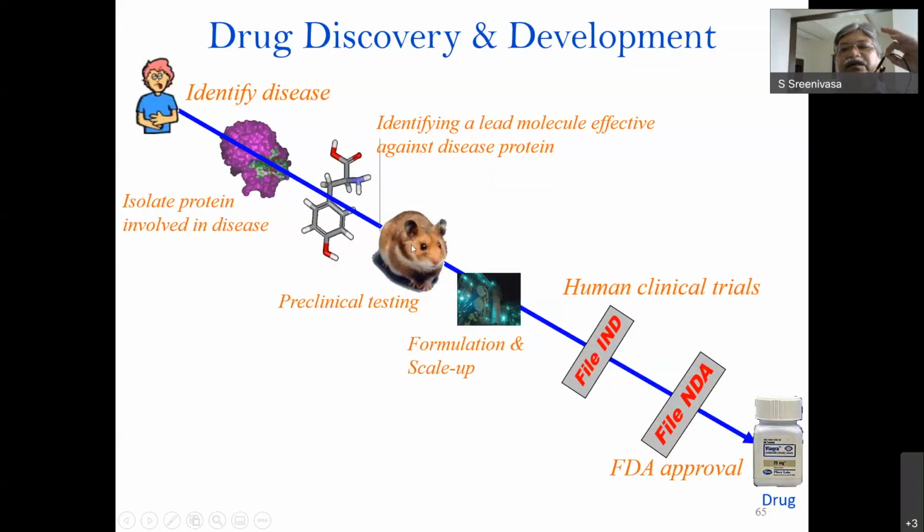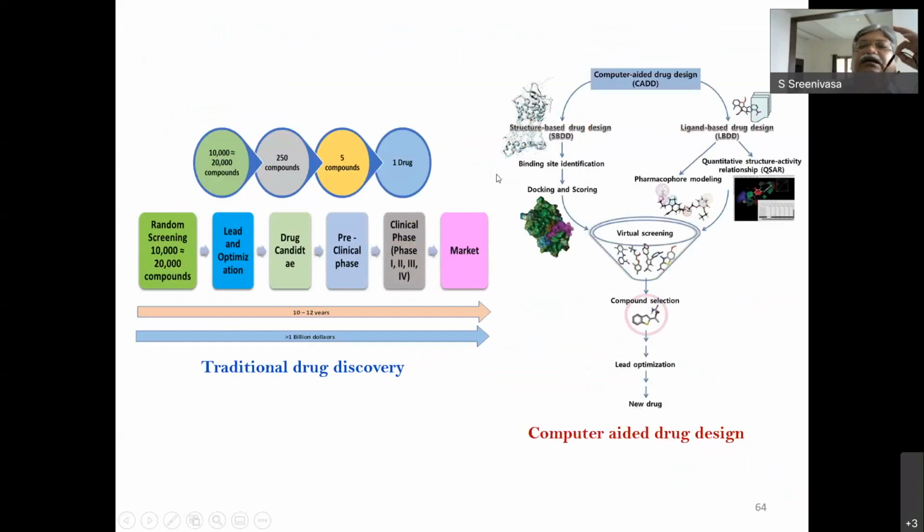Then it will go for preclinical trials, then FDA approval, and then it will become a drug. Here there are two variations we can see. So, as I told, this involves a large amount of time and cost.